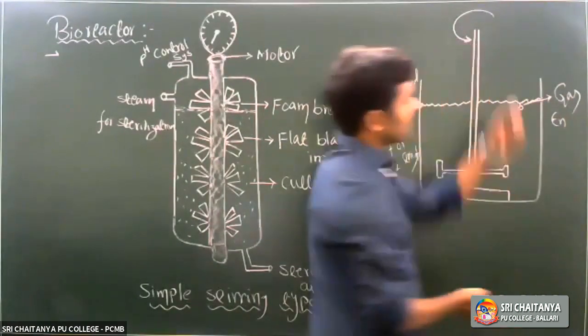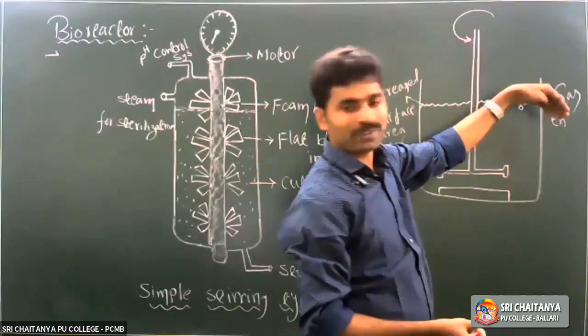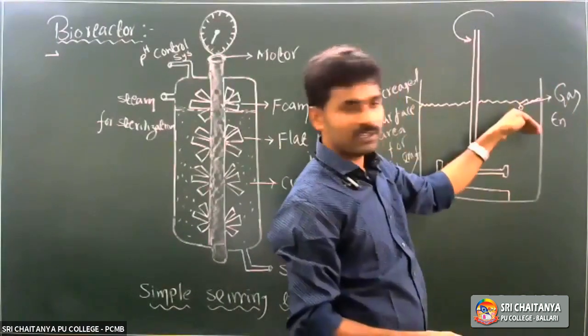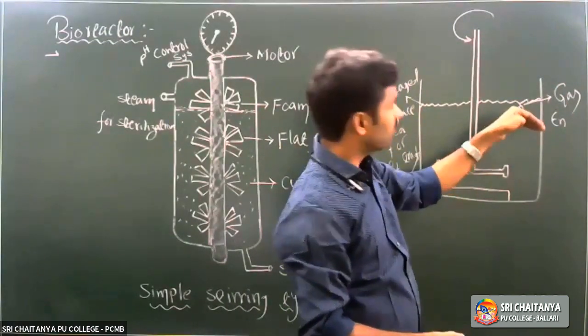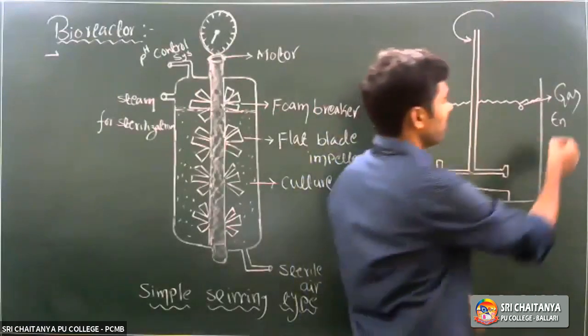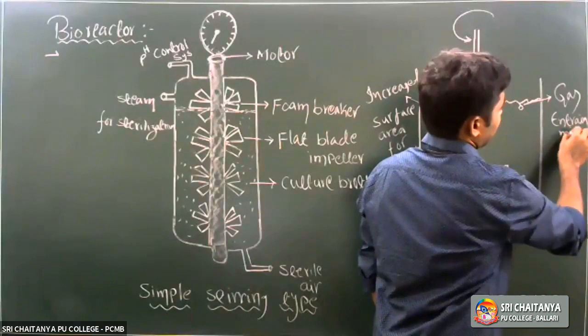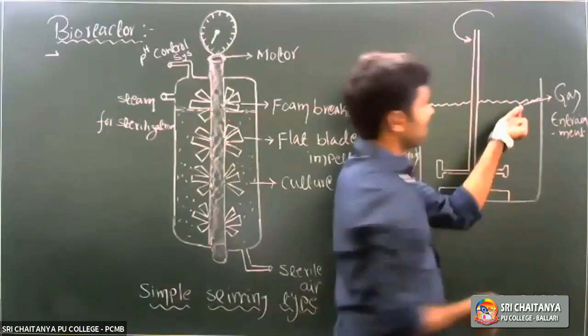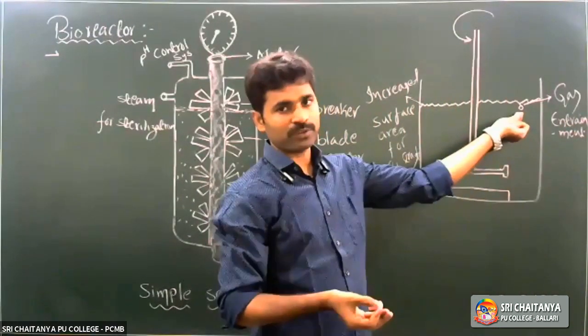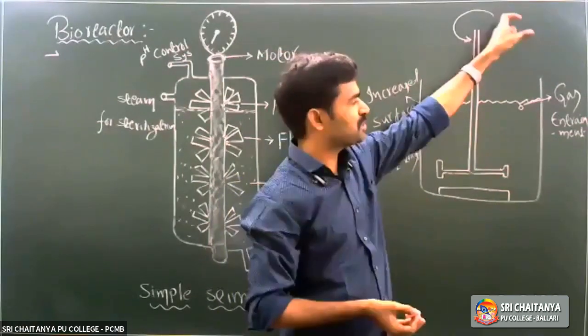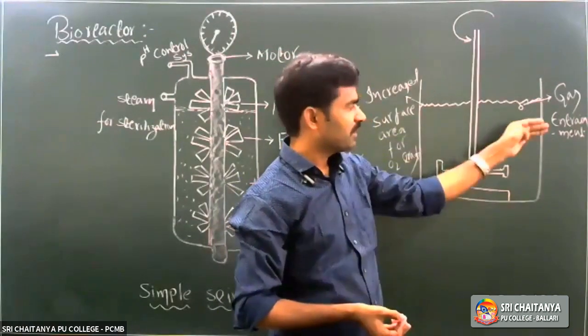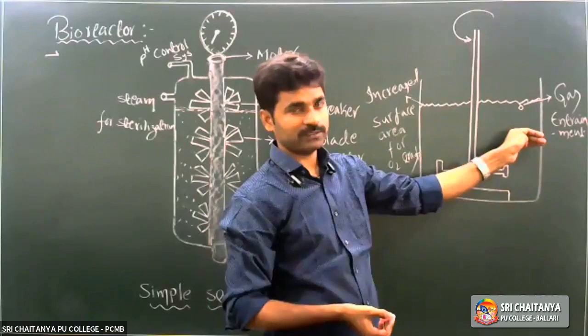Gas entrainment means that through the diffusion process, gas enters into the bioreactor, into the nutrient medium. So we call this structure gas entrainment. It means that by the diffusion process, the gas which is present in the surrounding atmosphere enters into the bioreactor here, right?